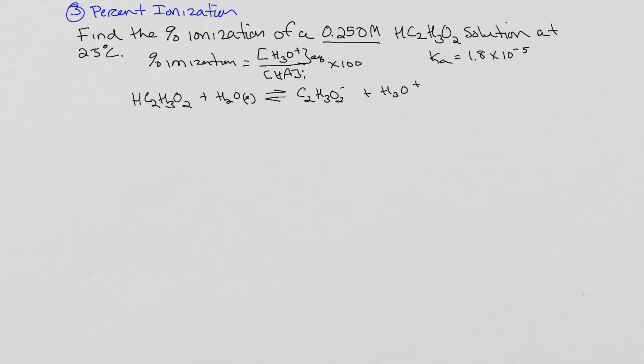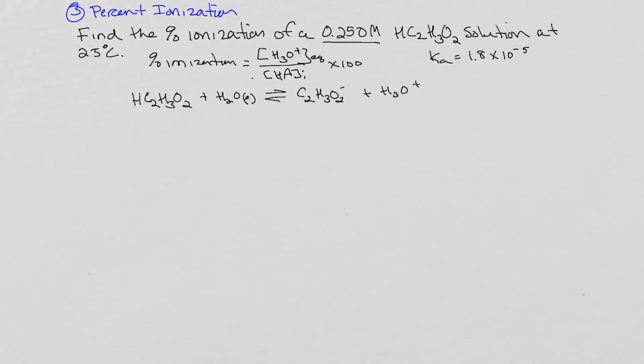Now, if we think about what we need to solve for the percent ionization, we need two values, right? We need the initial acid concentration, which we have from the problem. We also need the equilibrium hydronium ion concentration. This is what we have to solve. If they gave us the pH, we could solve it from the pH. But in the absence of a pH value, we're going to have to solve our Ka expression to get there.